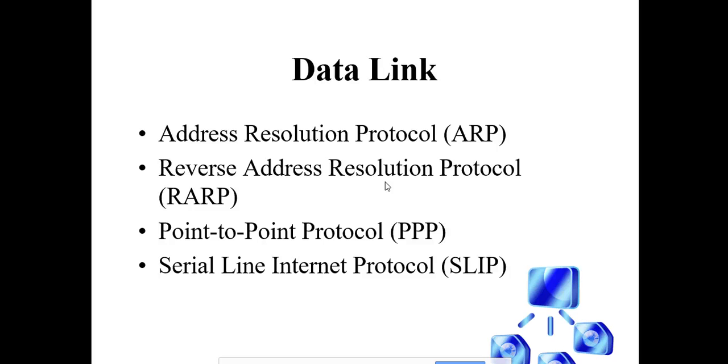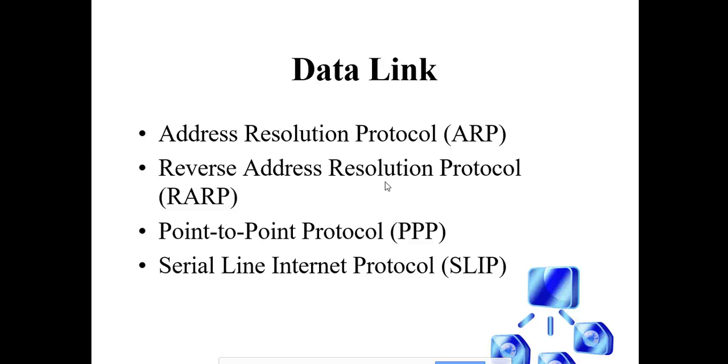Let's talk a little bit about these, because you will absolutely see these on the exam: ARP and RARP. ARP is responsible for resolving IP addresses to NIC or MAC addresses. So ARP resolves an IP address to a MAC address. RARP, or reverse ARP, takes the MAC address and resolves it to an IP address.